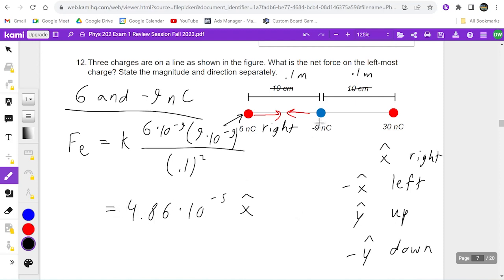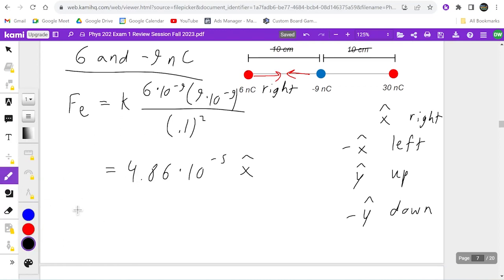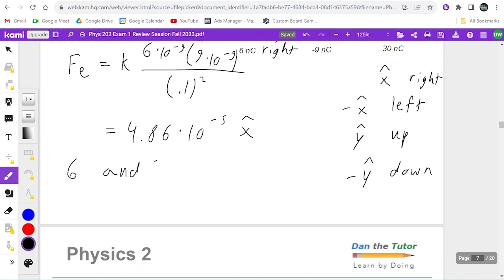Remember, the other 2 is not the 9 and the 30. As a matter of fact, I don't even care about the 9 and the 30. I only care about the ones acting on the 6. So next I'm going to do 6 and 30 nanocoulombs.